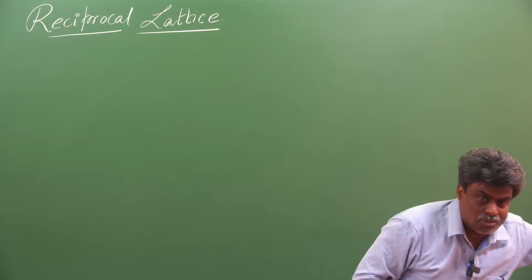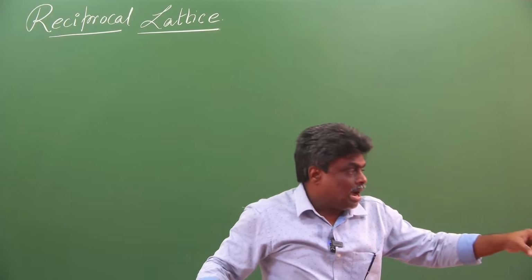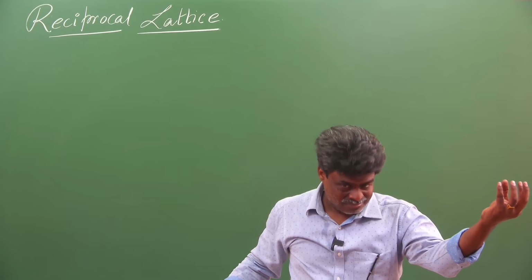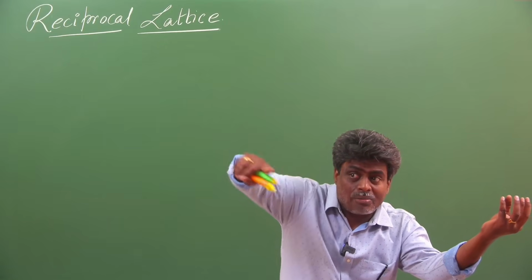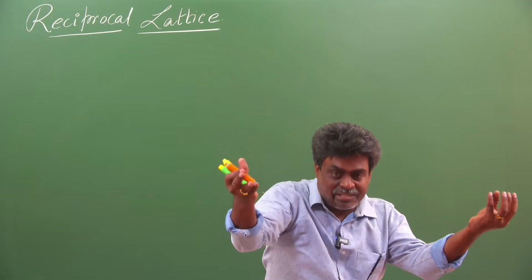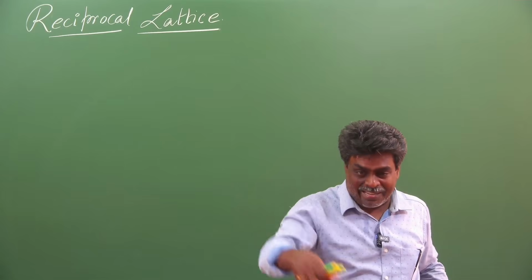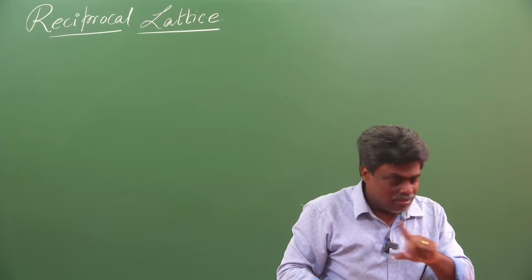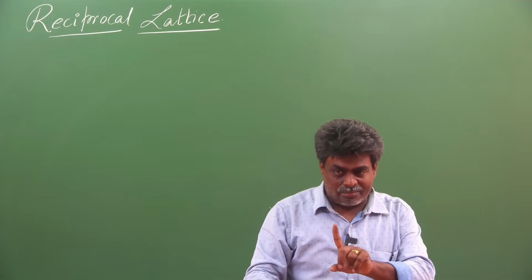Starting from this bottom corner, along the body diagonal I take one more carbon atom at 1/4, and along the same body diagonal one more atom at 3/4, meaning from the other side it is 1/4. Here you have 2 body diagonals, on one diagonal 1 atom, on another diagonal 1 atom.